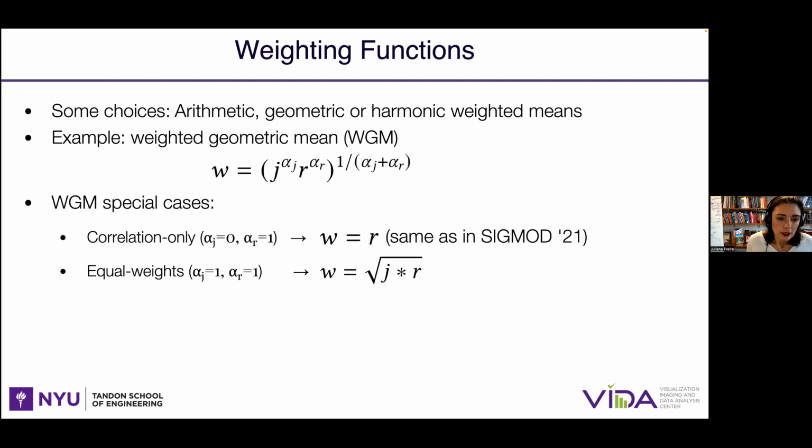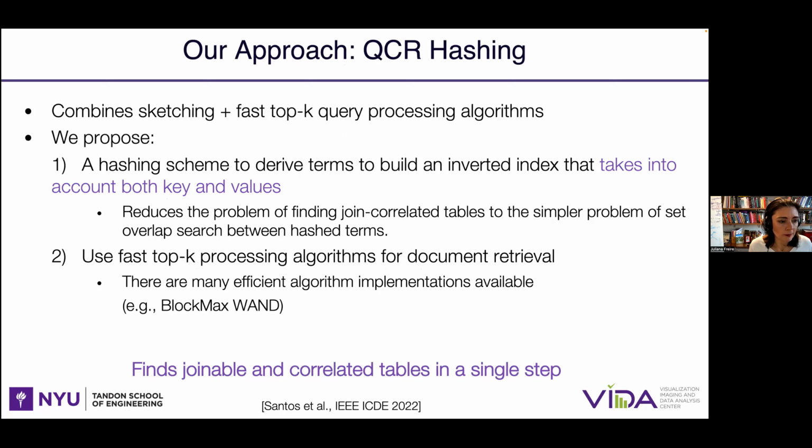All right, so how do we actually solve this modified problem with the weighted join and correlation? We propose a new hashing scheme, which we call QCR, that combines sketching with the fast top-K query processing algorithms that are widely used in information retrieval for documents. This hashing scheme derives terms that can be used in an inverted index, and that encodes information both about the keys and the values in a single term.